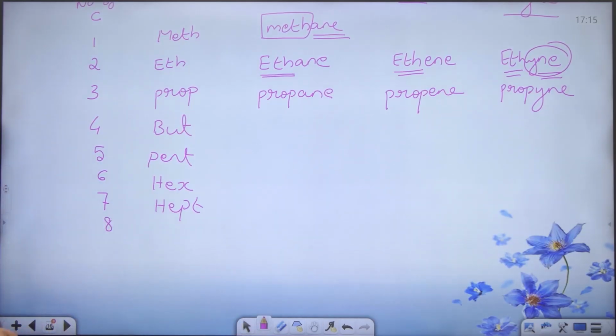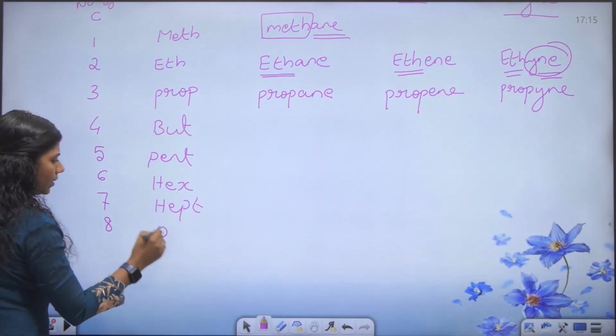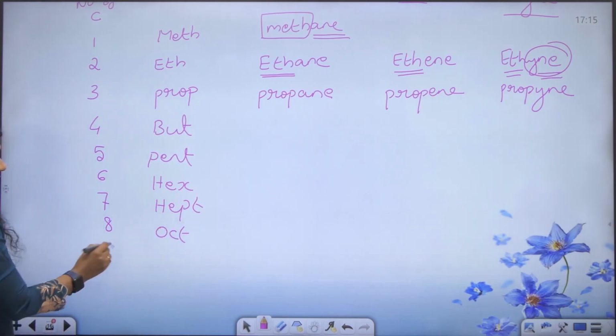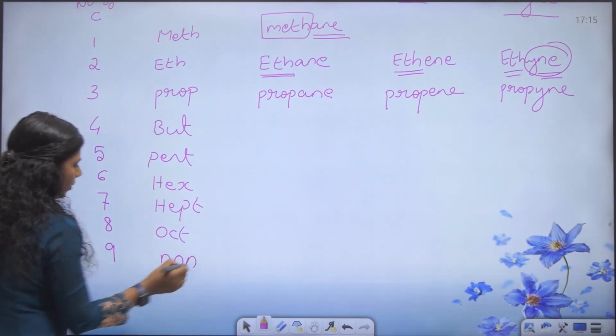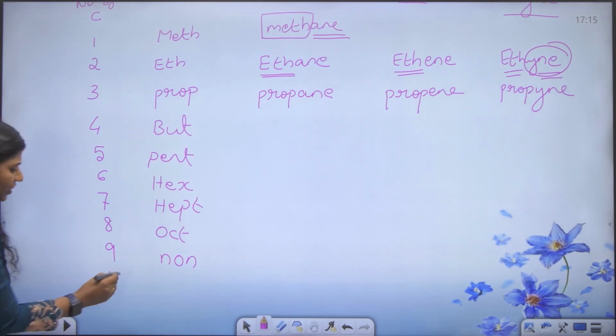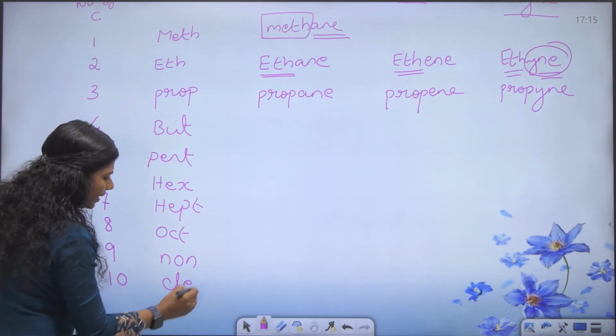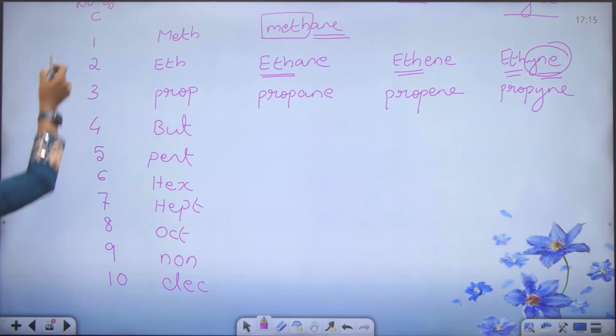Number of carbon atoms is 8, word root is oct. Number of carbon atoms is 9, word root is non. Number of carbon atoms is 10, word root is dec. Learn this by heart.